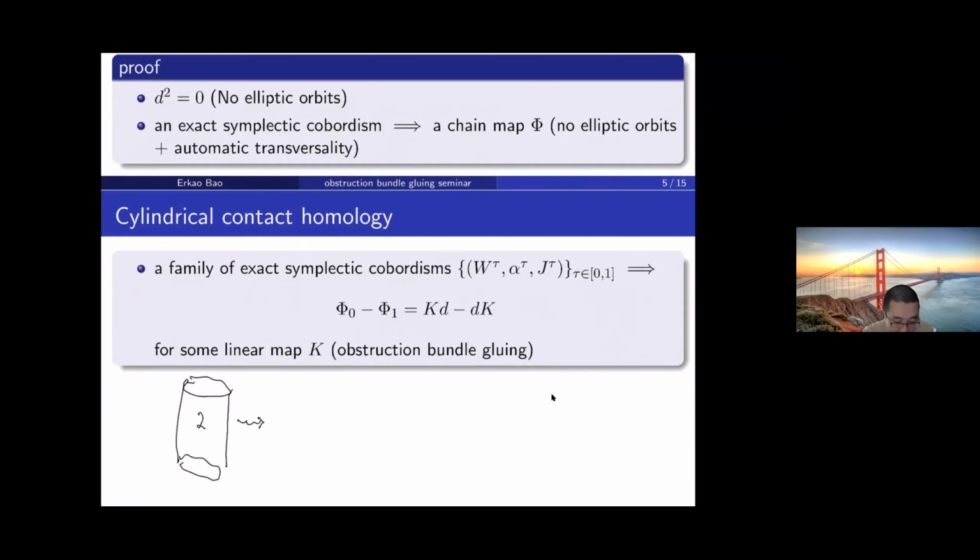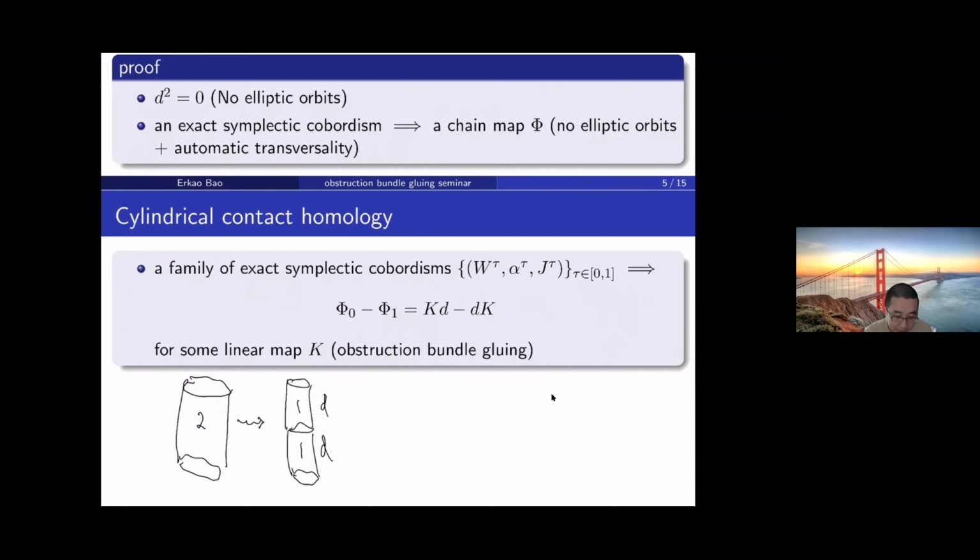If this degenerates into a holomorphic building of index 1 and index 1, then this is a D and a D. So D squared is the boundary of a one-dimensional manifold, so you can show D squared equals 0.